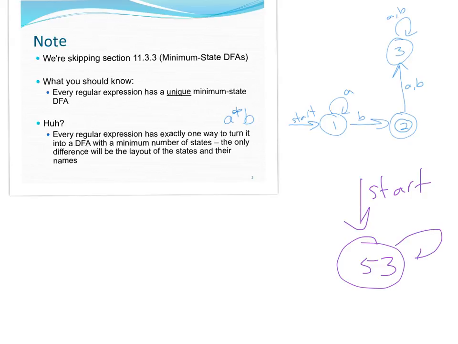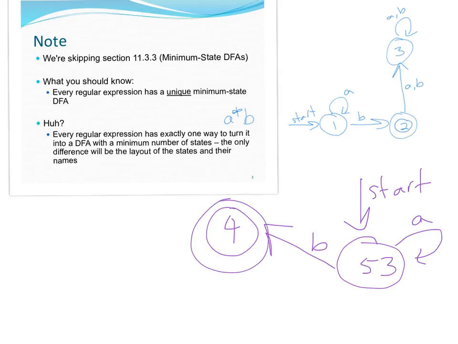But there's still going to be a loop on A at state 53, right? And we go diagonally upwards on a B to state 4, which is our accept state. And maybe our trash state is state 1 and it's down here. So the placement of the states is different.